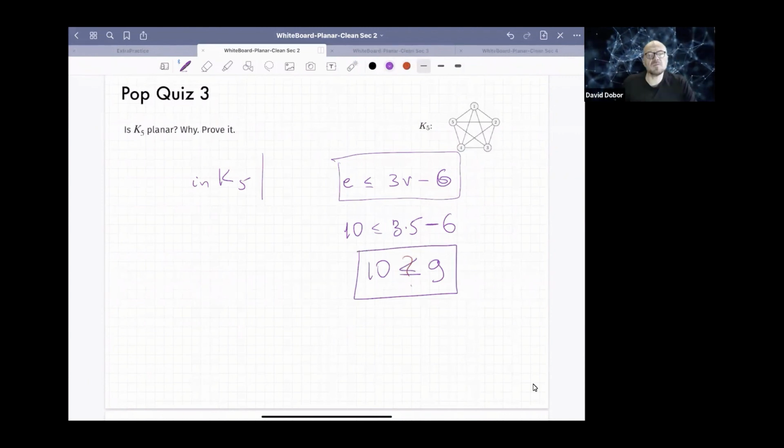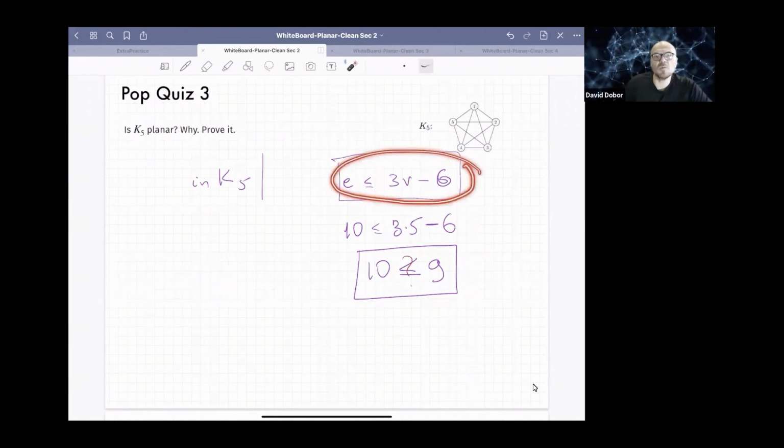Okay, let me just repeat what we have. The question I asked: is K5 planar? I wanted to say no, it's not planar, and I want to prove it. Here's the argument. Suppose K5 is planar. K5 is a connected planar graph, and for any connected planar graph, including K5, we just proved that this relationship must hold.